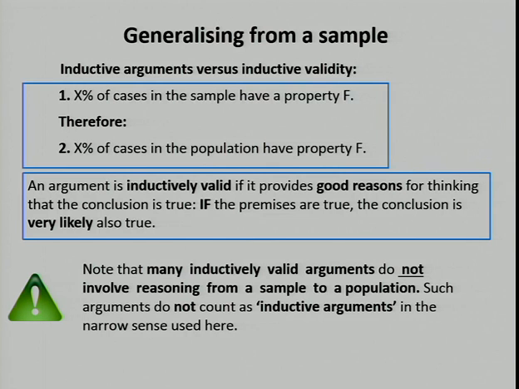So the difference was that inductive validity refers to arguments that very likely lead to true conclusions, versus deductive ones, which are guaranteed to lead to true conclusions. There's no other possible outcome. Yeah? So these are obviously two slightly different senses of inductive.